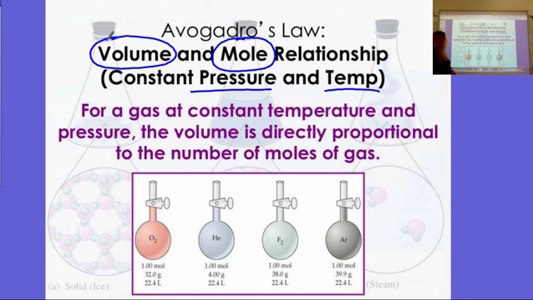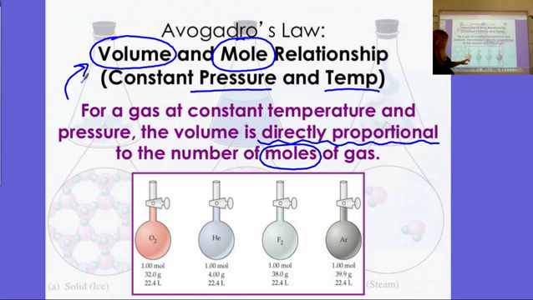Isn't that brilliant? So, for a gas at constant temperature and pressure, the volume is directly proportional. If I increase the number of moles, so if I blow more air in a balloon, it's going to take up more space.